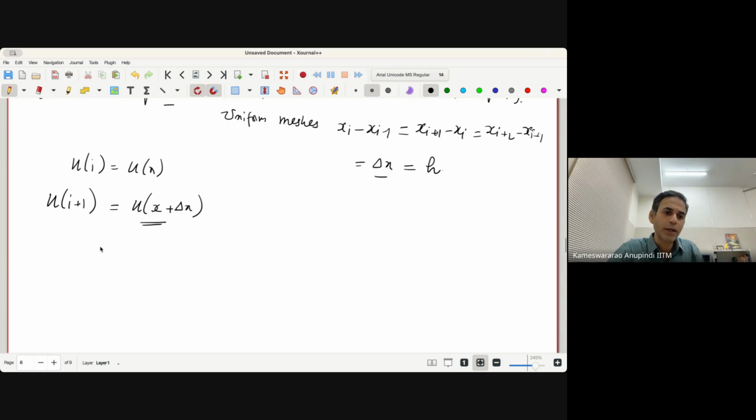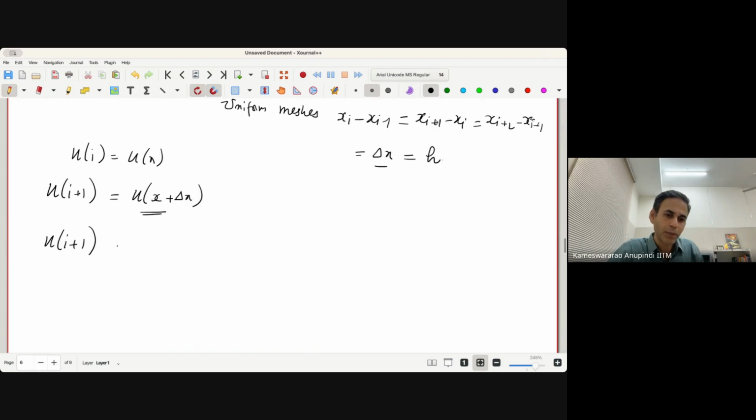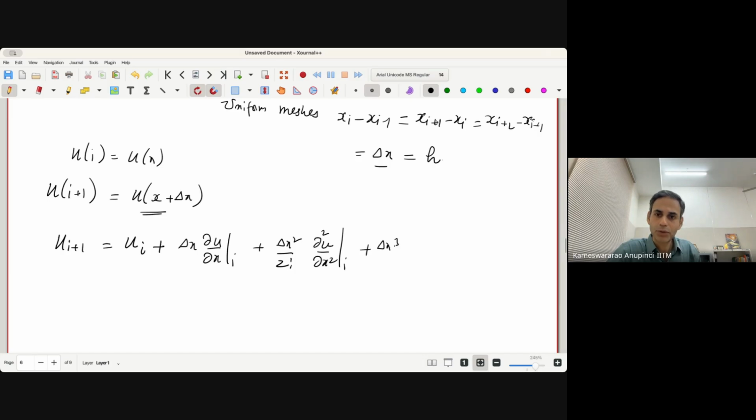That means I can express u sub i plus 1 about u sub i. Using Taylor series expansion, I can reconstruct u at i plus 1 as u sub i plus delta x times partial u partial x at i, plus delta x square by 2 factorial times partial square u by partial x square at i, plus delta x cube by 3 factorial times partial cube u by partial x cube at i, and so on.